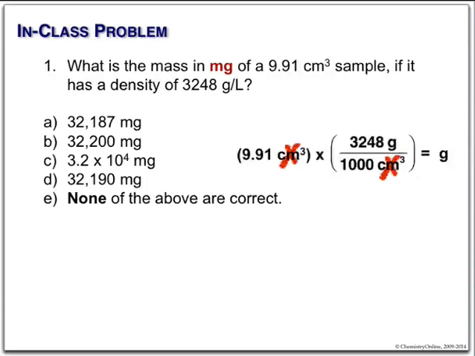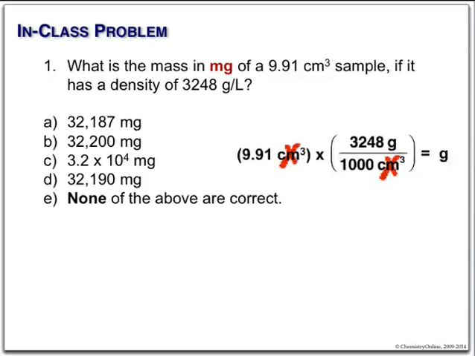I'm going to use my density here as a ratio, and I'm going to make sure that cubic centimeters, that is the units of the given, are in my denominator.